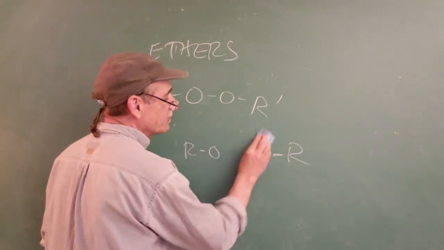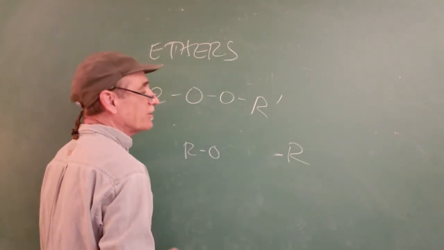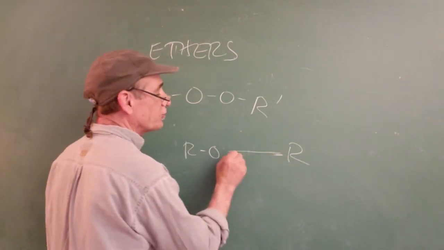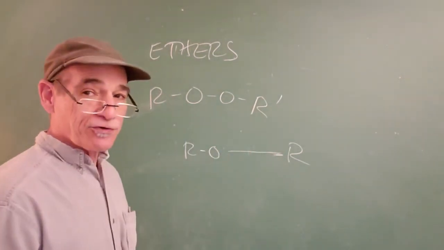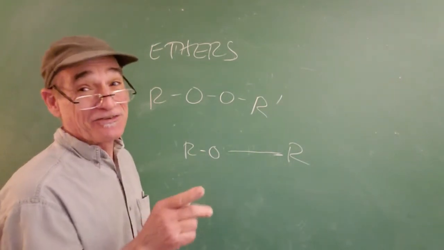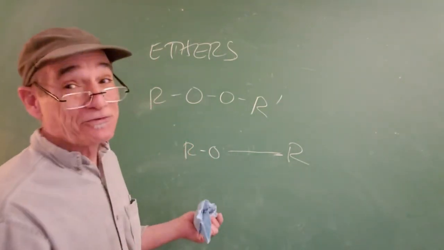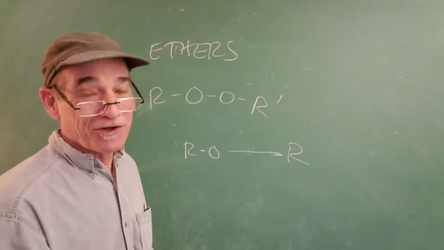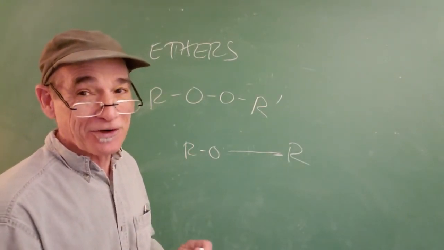Well, that leaves an oxygen looking for something to bond to and an R group looking for something to bond to. That's called the Williamson ether synthesis. Okay, so again, interesting chemistry, and when you get to organic chemistry, you're going to see that reaction.